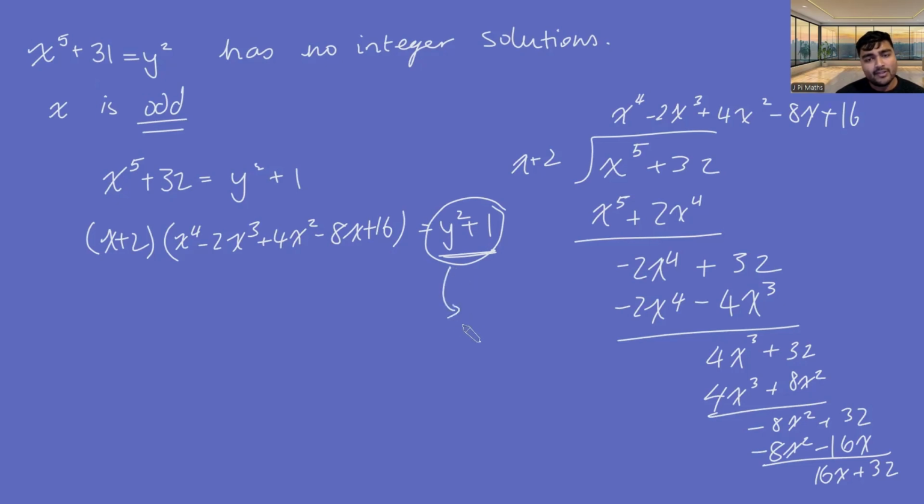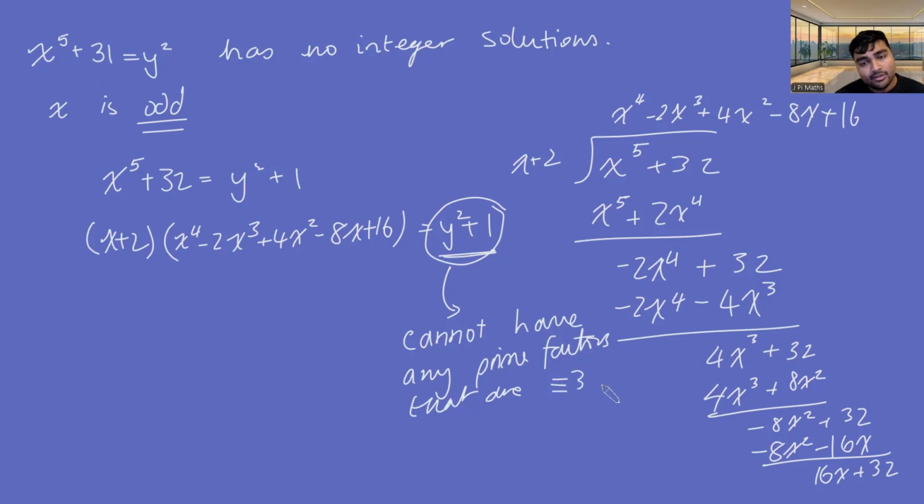And so therefore, this number, y^2 + 1, cannot have any prime factors that are congruent to 3 mod 4. This is a pretty famous result from number theory. Go ahead and revise or research this if you've not seen this before. And so now what we're going to do to arrive at a contradiction is show that this left-hand side must contain a prime factor that's congruent to 3 mod 4, and we're going to get our contradiction.